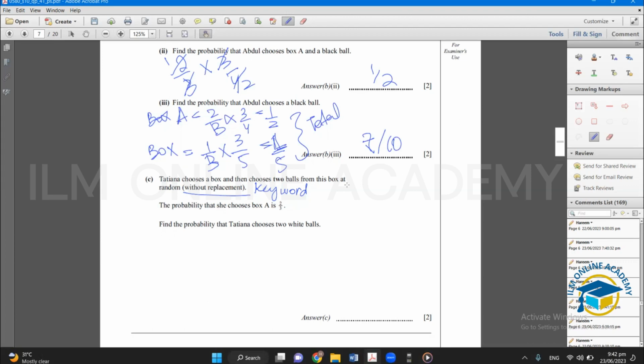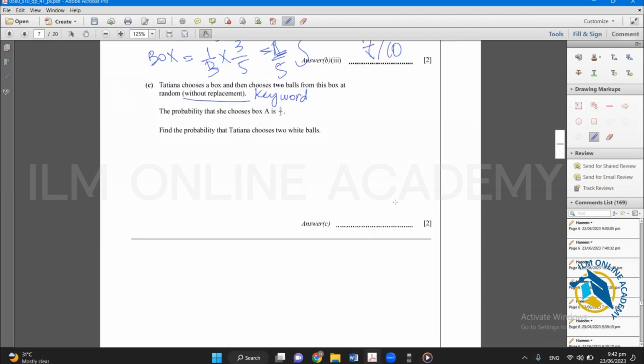Now, you have to find the probability that she will choose two white balls. If we talk about box A, let's consider. The probability of choosing box A is 2/3.